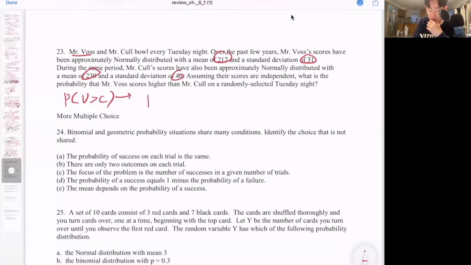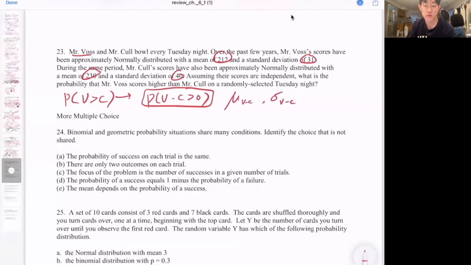This means the probability of V minus C is greater than 0, correct? So then I want to find this using a normal distribution curve, but we must also find the mean of V minus C along with the standard deviation of V minus C here. To do that, it's just combining two random variables, right?